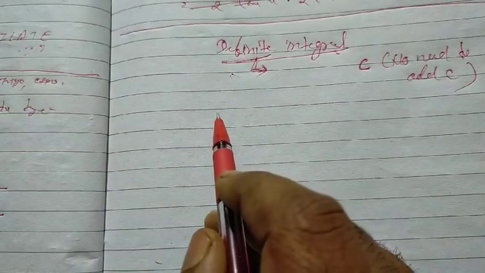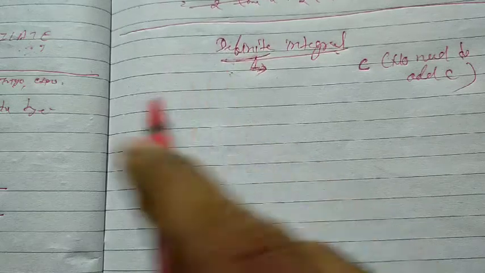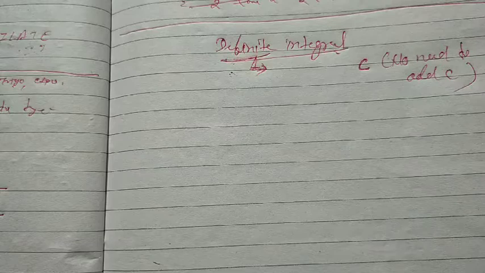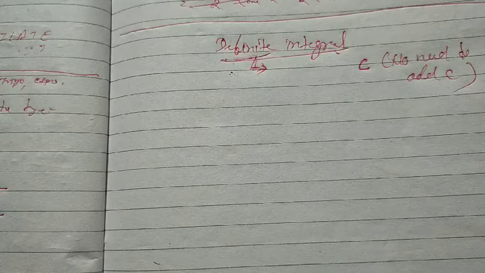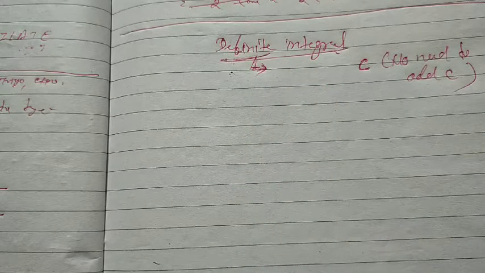Another thing, here we will get a unique answer. In indefinite integral, in case of trigonometric functions, the answer may vary, we have seen, but in definite integral we are going to get a definite answer.